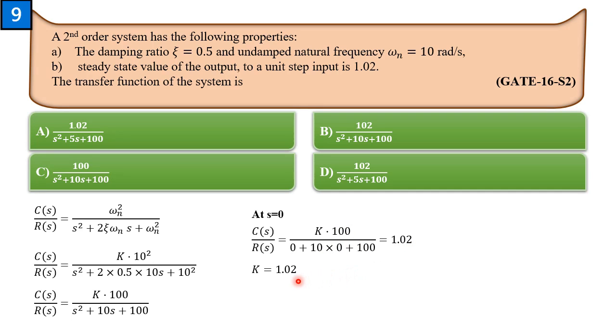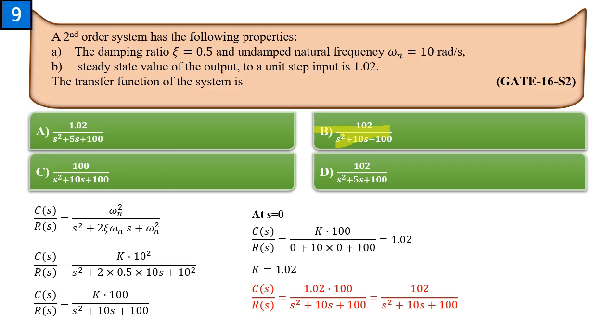Now we put the value of k in this equation, and that will be our required final transfer function. K is 1.02 into 100, so it will become 102 upon s square plus 10s plus 100, which is given as option B. So option B will be our correct answer.